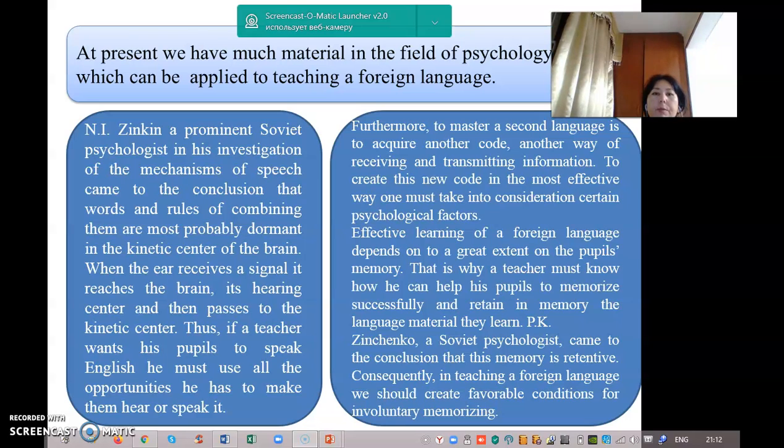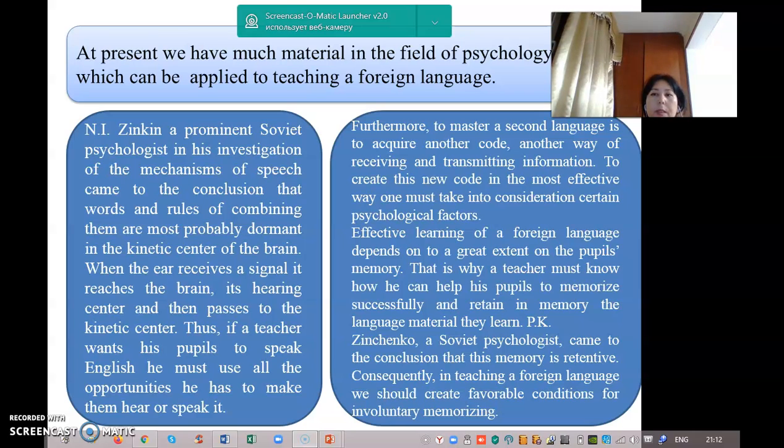When the ear receives a signal, it reaches the hearing center of the brain and then passes to the kinetic center. Thus, if a teacher wants his pupil to speak English, he must use all the opportunities he has to make them hear or speak it.